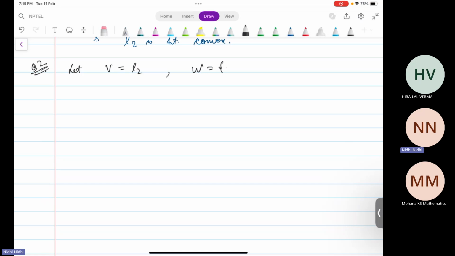W is the set of all those x in L2 such that their even terms are 0 for every i in N, where x is of the form x_j, j from 1 to infinity.